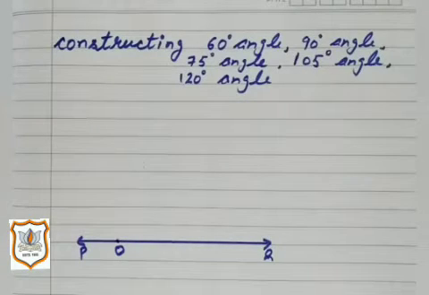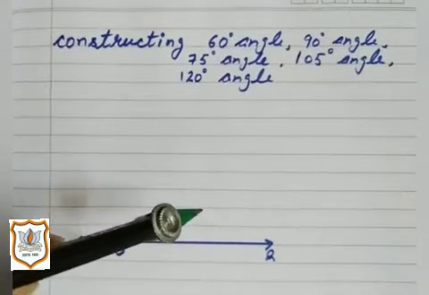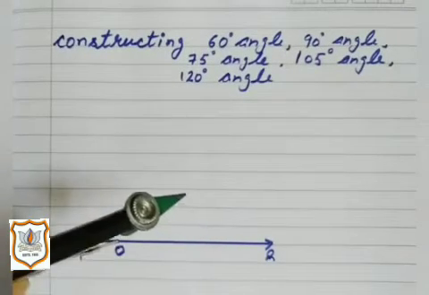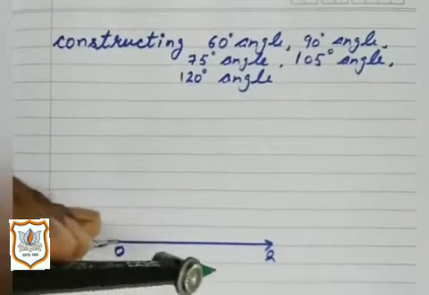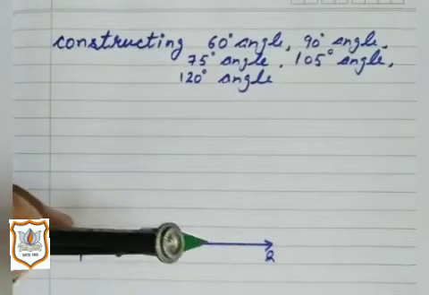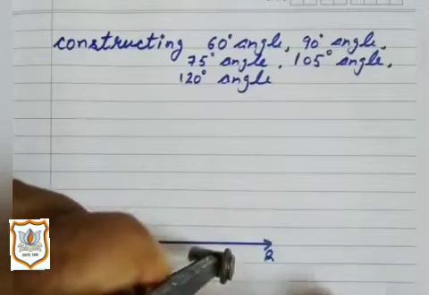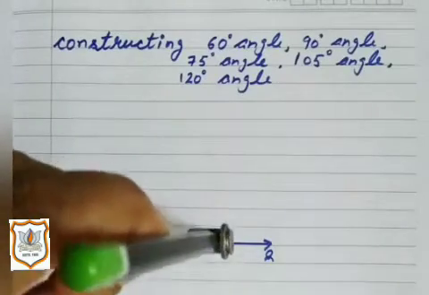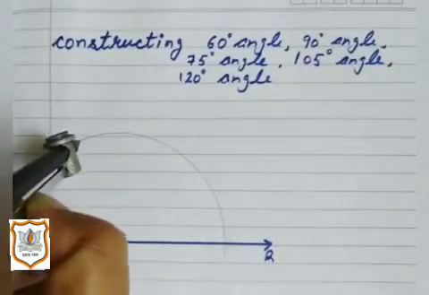Place the pointer of the compass at O and draw an arc of convenient radius which cuts the line at A. So students, I will take more than half of the length of OQ and draw an arc.